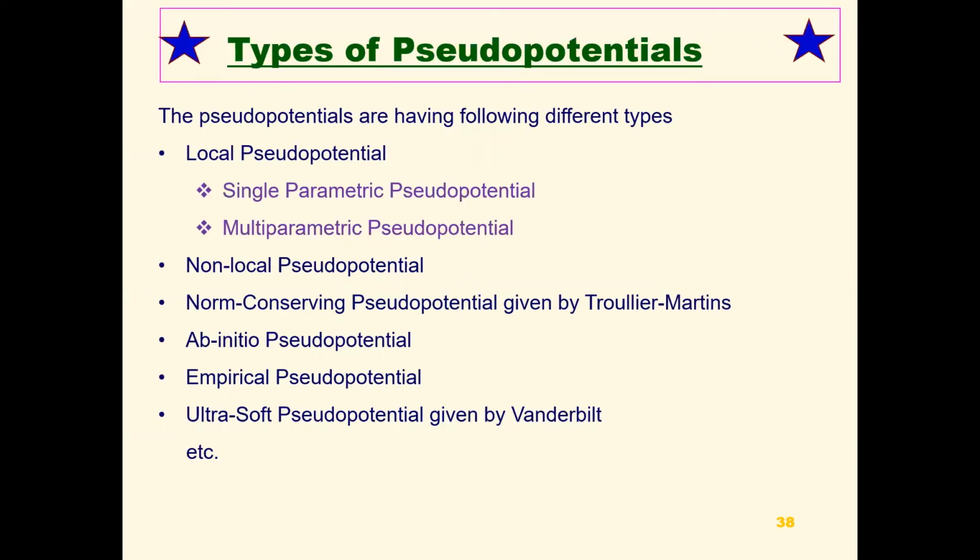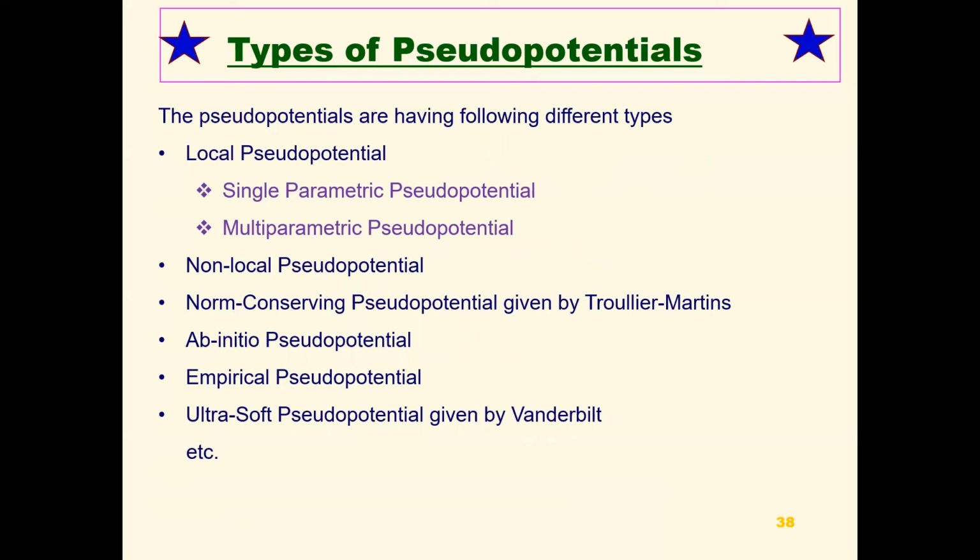Now the next task is to study the different types of pseudopotentials. Generally, pseudopotentials have the following types. Local pseudopotential, which is again subdivided into two parts: single parametric pseudopotential and multiparametric pseudopotential.